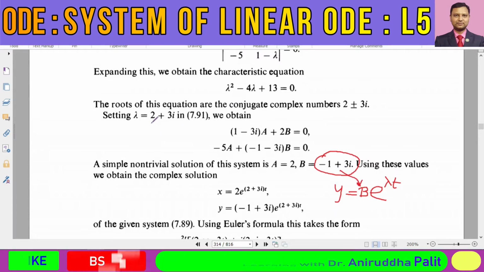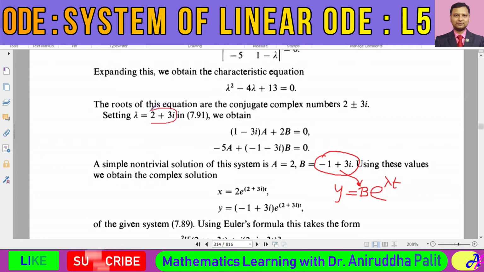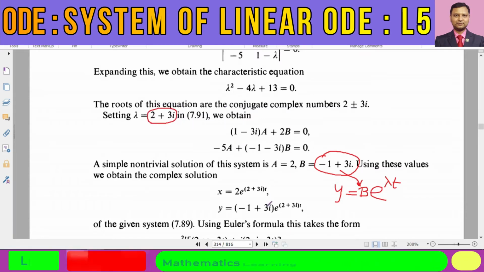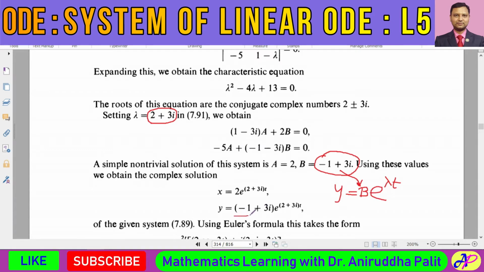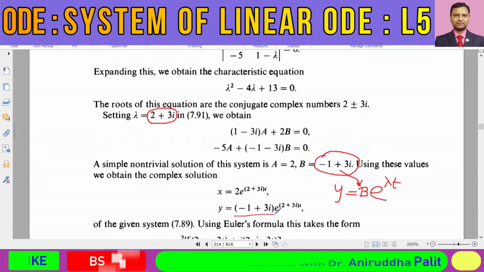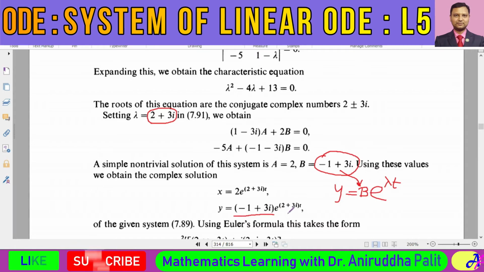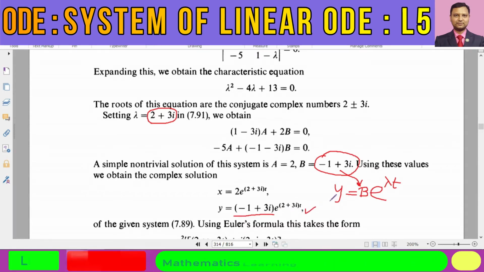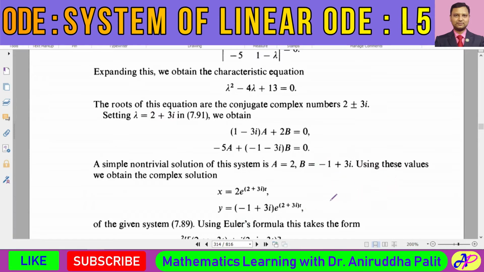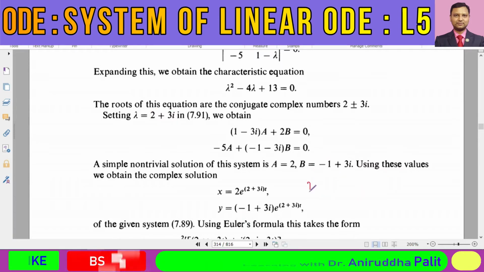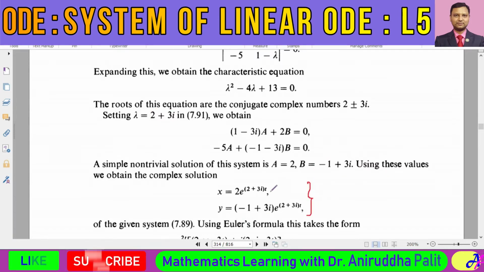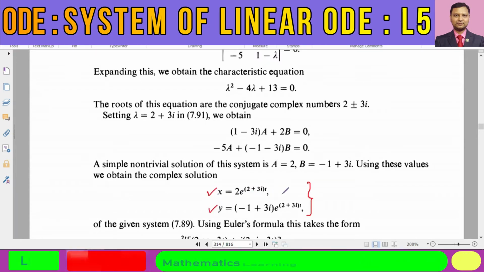Lambda is equal to 2 plus 3i. So over here, you put the value of capital B multiplied by e to the power of lambda t. In this way, we will be able to compute the expressions of x and y. This is the expression of x and this is the expression of y.